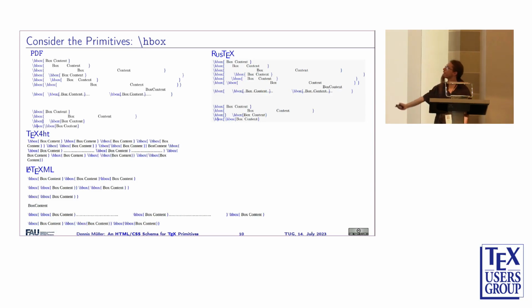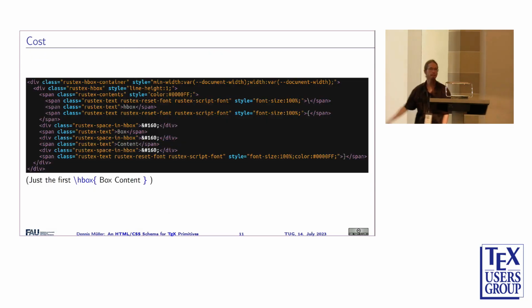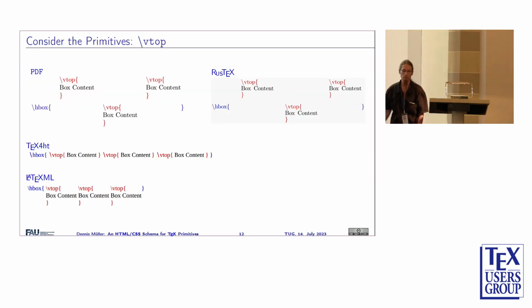What is the cost of that? Well, the cost of that is that this is what the HTML looks like that RusTeX outputs. It basically looks like the kind of HTML that you get if you use a modern web framework like React or whatever. Here, similar thing, what you can do with various types of V-boxes. You can do really weird alignments of those. RusTeX, again, tries to mimic that.